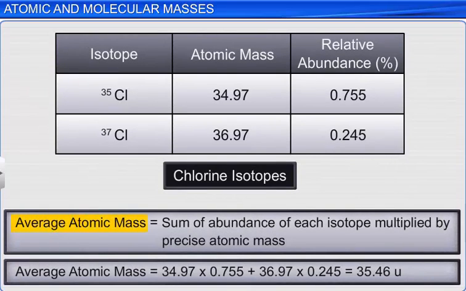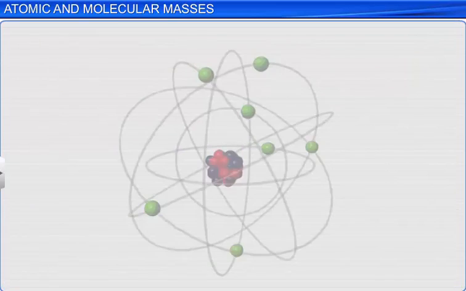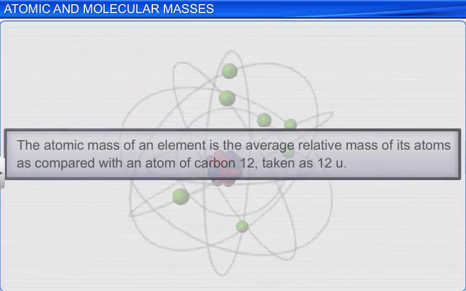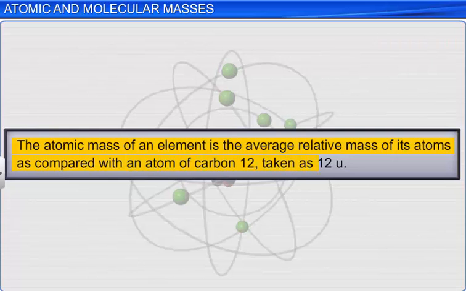Average atomic mass is the sum of the abundance of each isotope multiplied by the precise atomic mass. Thus, the average atomic mass of chlorine is calculated as 35.46 U. Hence, the average atomic mass was redefined as: the atomic mass of an element is the average relative mass of its atoms as compared with an atom of carbon-12 taken as 12 U.